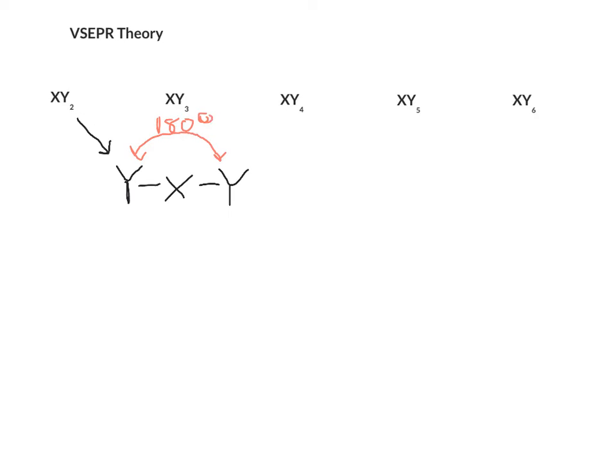That is the furthest away that these two atoms can be from one another and still be connected to the central atom. The valence shell electrons are the electrons involved in chemical bonding. So 2 electrons in this bond, 2 electrons in this bond. The repulsive force between them is minimized by them being 180 degrees from one another.